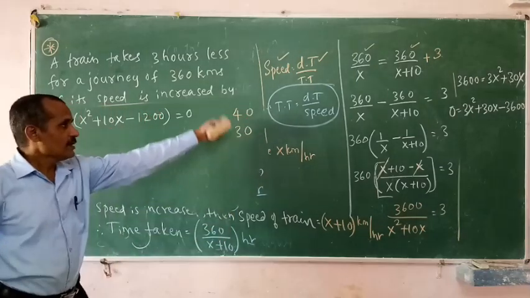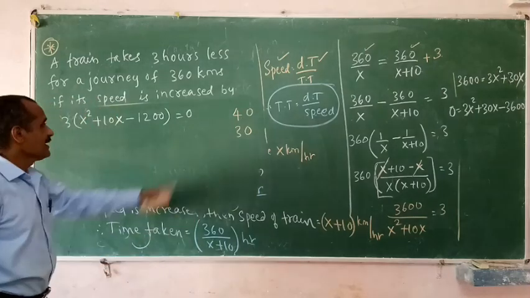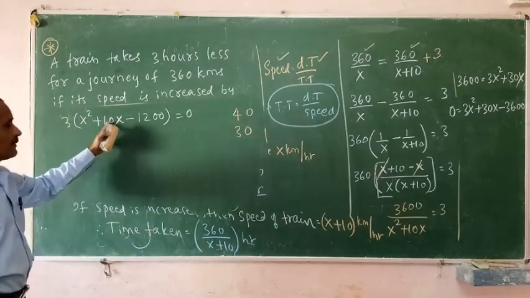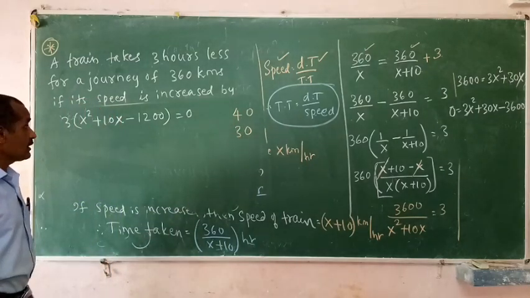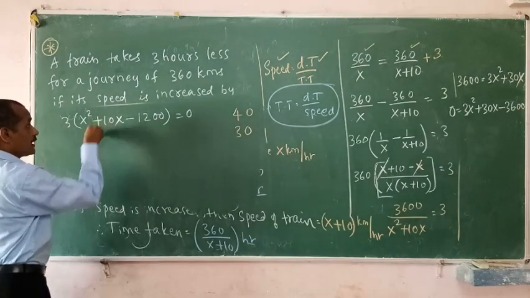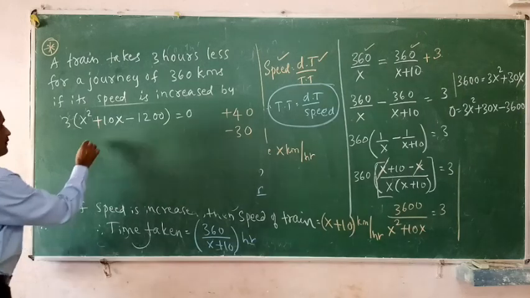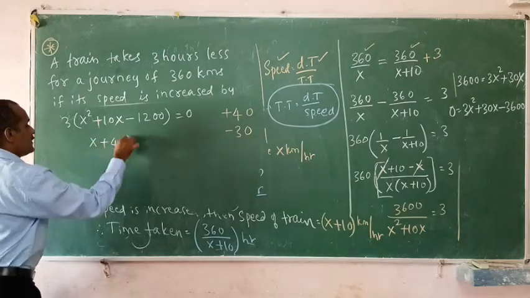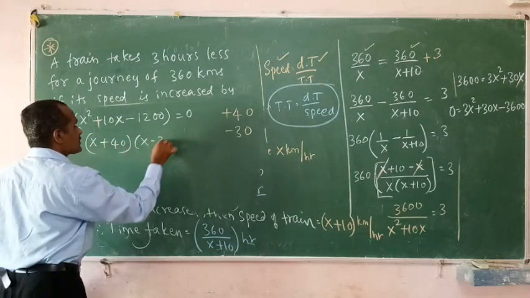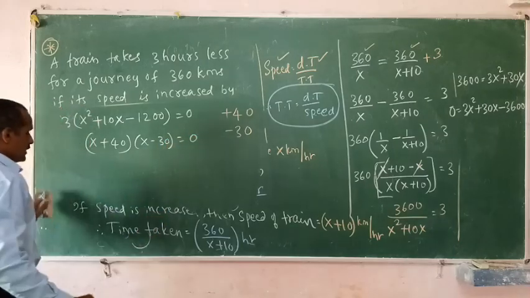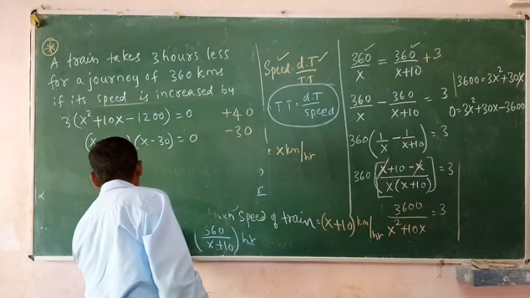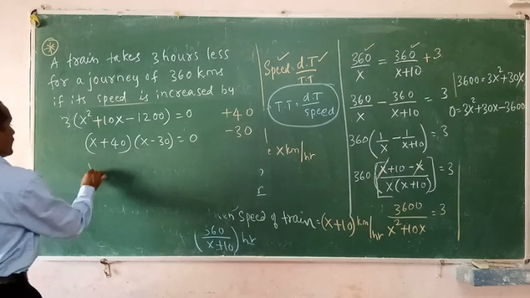Multiply 40 and 30 to get 1200, and subtract 10. One sign plus and one minus. The bigger number gets plus. I can write directly x plus 40, x minus 30 is equal to 0.